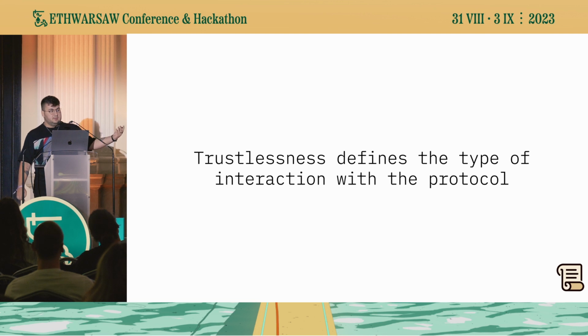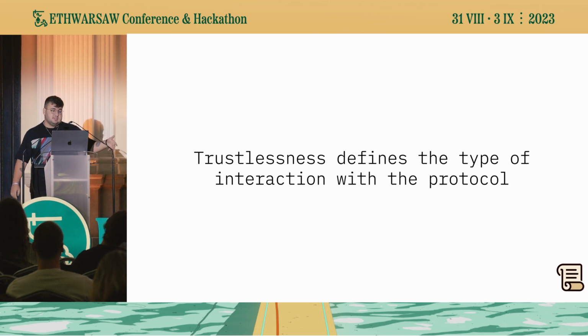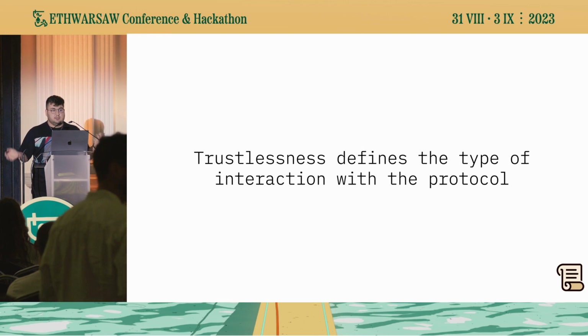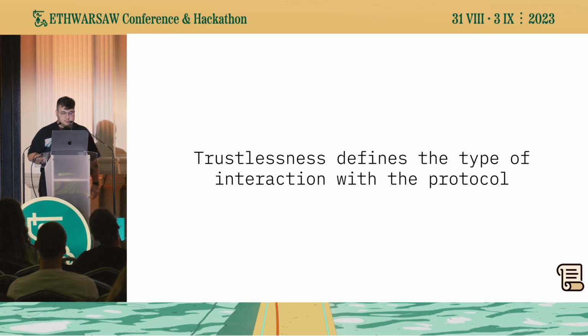So if you use your wallet and you don't connect to your own full node through an RPC, but you use something like Infura, it's no longer trustless because you trust Infura to provide you the correct data, and you trust Infura to actually send your transaction to the network. Whereas if you connect your wallet to your own RPC, then you don't really trust anyone else, because as long as your full node works, then you know that all the data that you get is valid data.